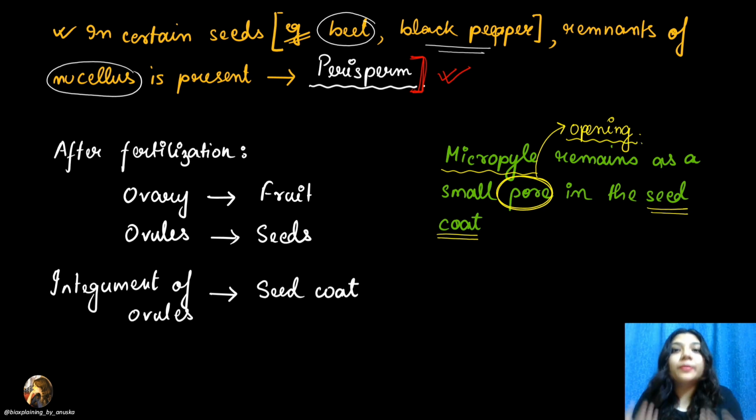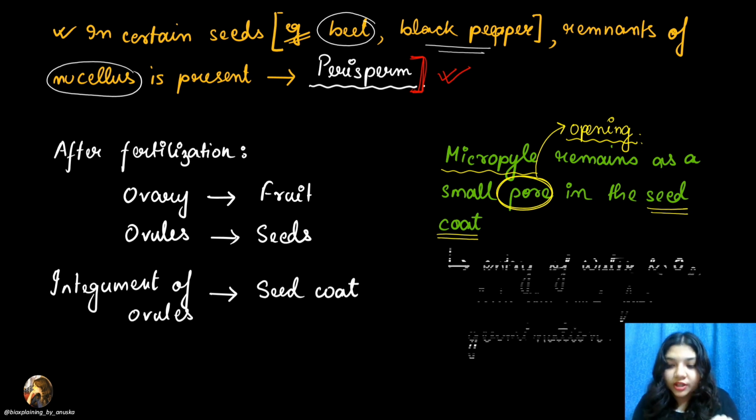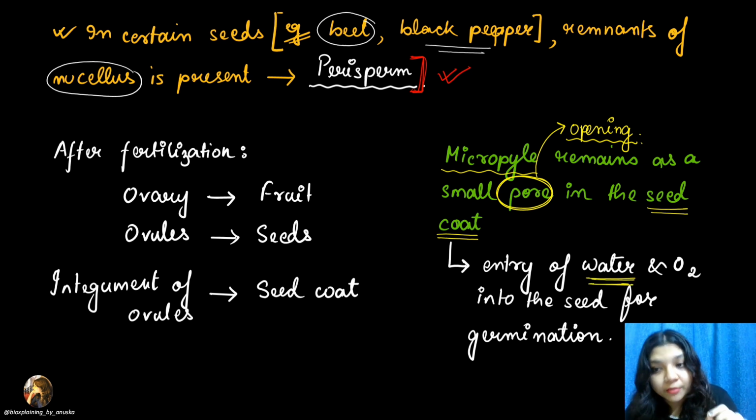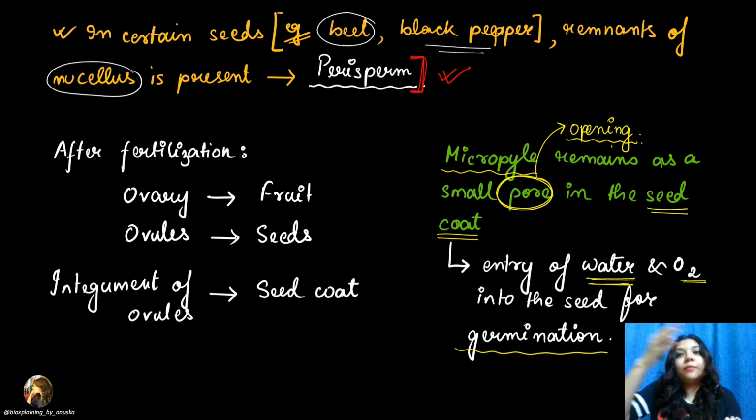What is the purpose? Why do we again need that opening or pore in the seed coat? Because the seed needs entry of water and oxygen. Diffusion of gases needs to happen, right? There needs to be some point for water to enter mainly, and also oxygen, for the germination of the seed, for the seed to develop further.